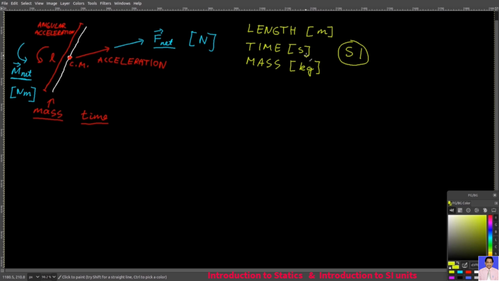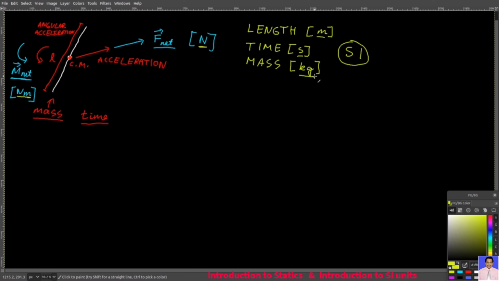And these are the fundamental quantities, which means that the units of other quantities, such as the units of forces, the Newton, and the units of moment, the Newton meter, can be written in terms of these fundamental units right here. So let me give you a small exercise here.